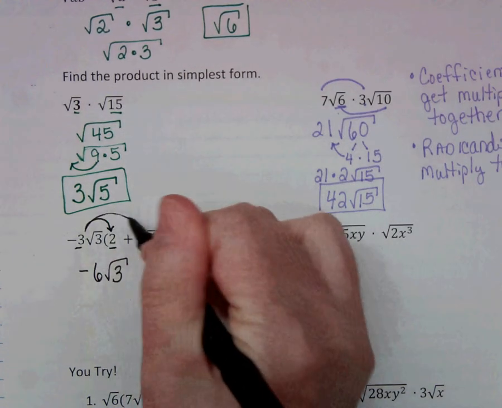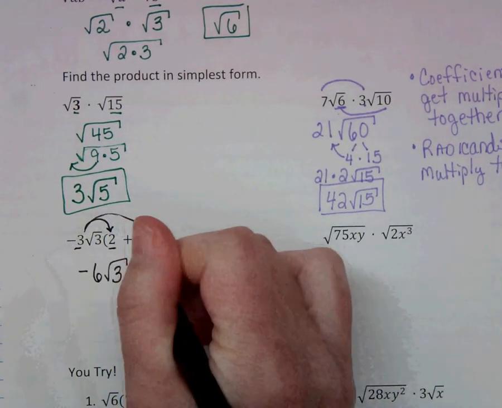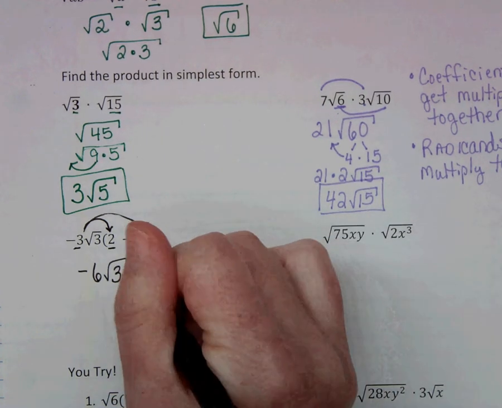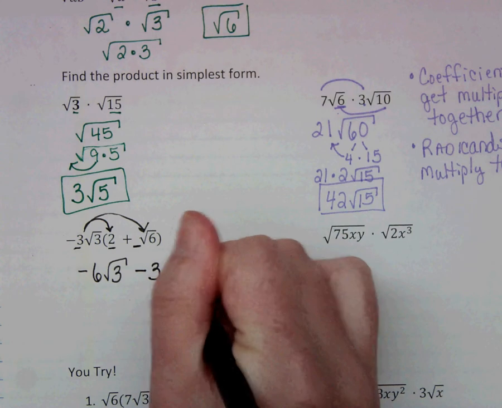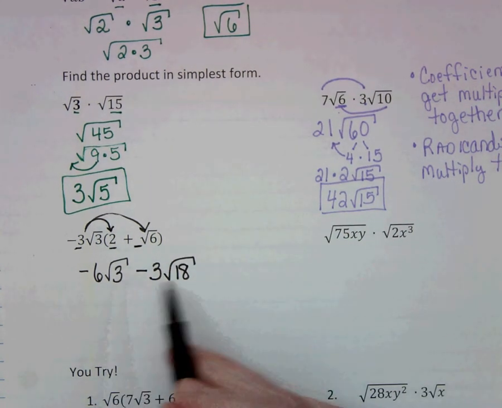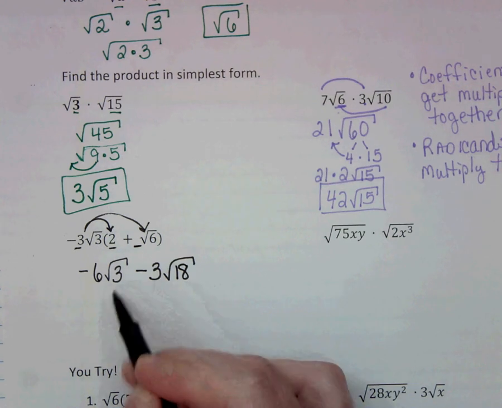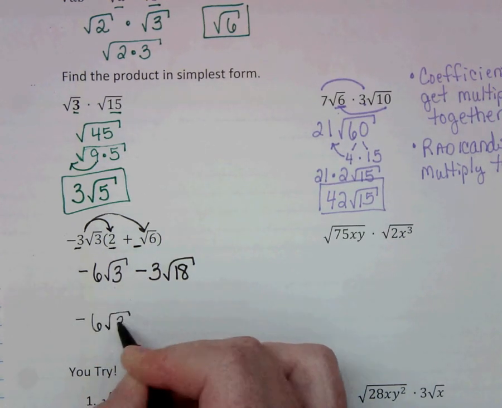And then we're going to distribute it to the square root of 6. So again, nothing here to multiply with the negative 3, so it's just going to be minus 3 the square root of 18. Now I need to check both of these radicals. 3 is already simplified, so that stays negative 6 the square root of 3.